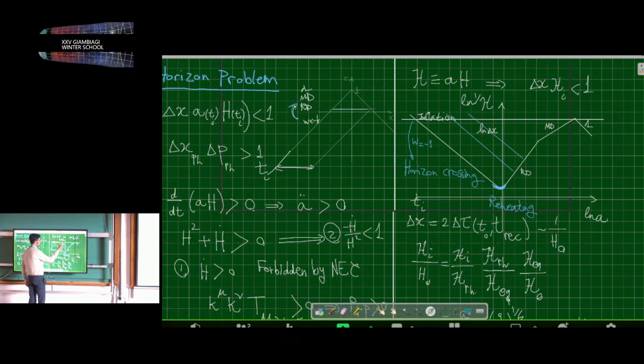No, I was just trying to say that you can have different scenarios in which the reheating temperature is different. This one is a lower reheating temperature than this, because the transition to radiation dominance is happening later.